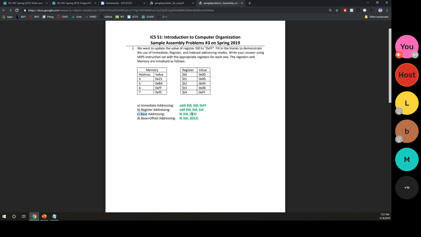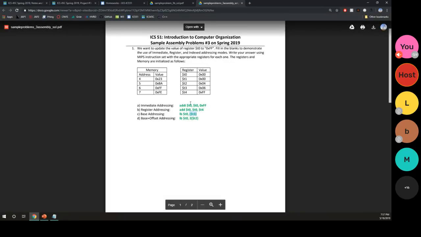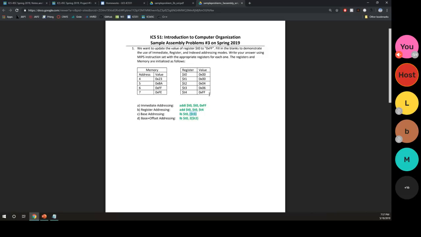Okay, for part C, it says base addressing, right? So remember when you see parentheses, it means that what's inside is an address, and we're looking at the value in the address. So we're still trying to make T0 into 55. And so we load byte. We load byte because if we load word, that's going to take up 4 addresses in the memory.